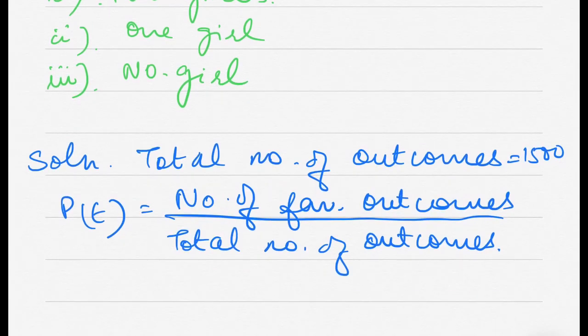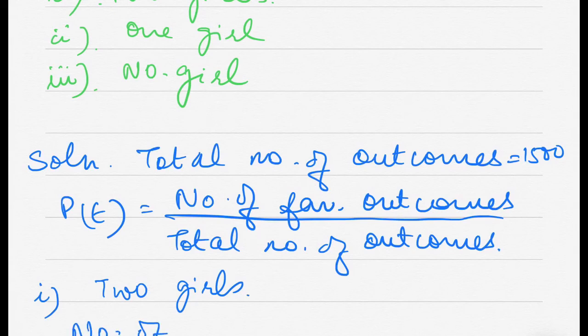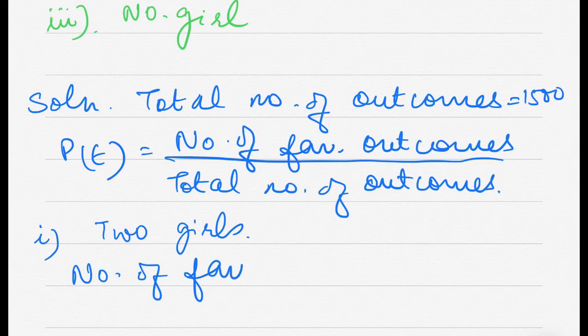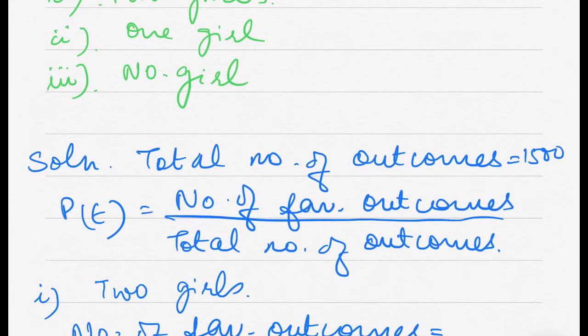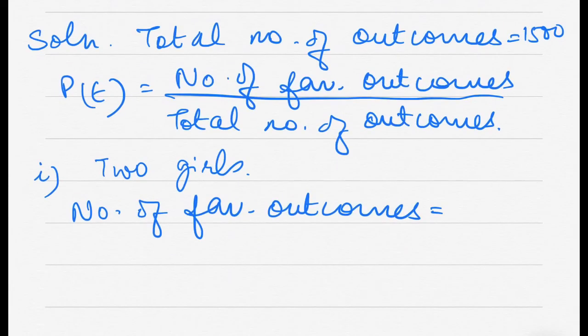Now I'll move to each part of the question. The first part says I have to find the probability of 2 girls. My number of favorable outcomes in this case are 475.